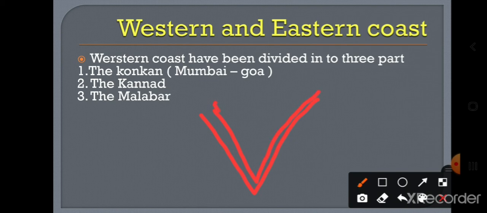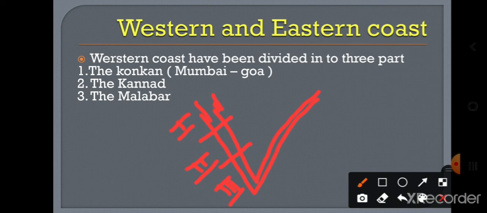The first part is Konkan, the northernmost part of the western coast, the second part is Kannad, and the third part is Malabar. So this is the kind of division we have made of our western coast.